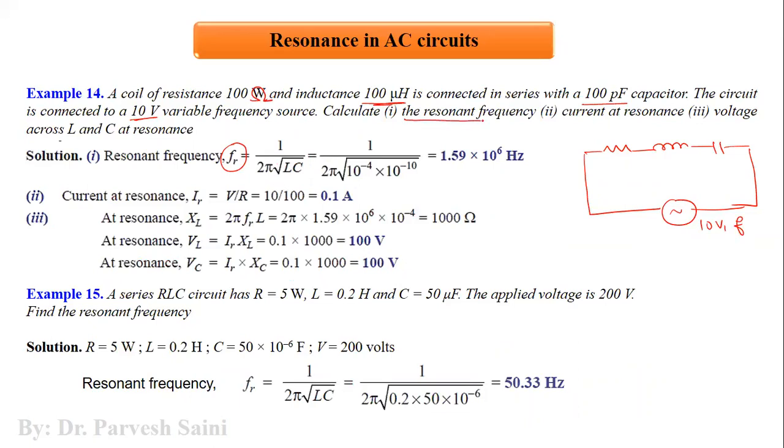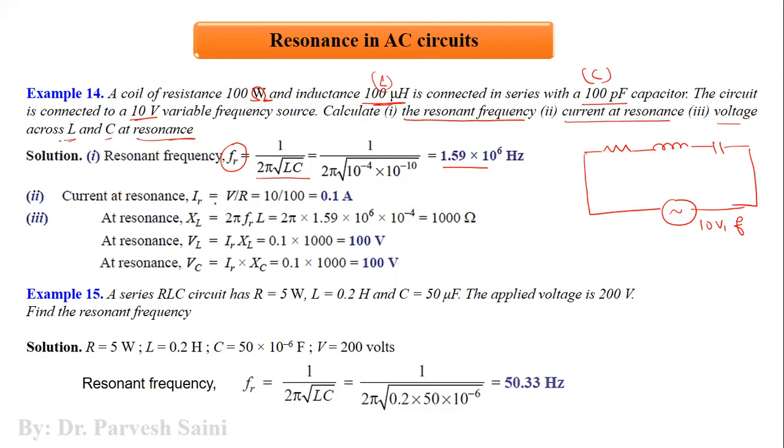Now we have to calculate the resonant frequency, current at resonance, and voltage across the inductor and capacitor at resonance. The resonant frequency is calculated by using the simple formula 1 by 2 pi under root LC. Because inductance and capacitance are given, it is quite easy to calculate the resonant frequency, which comes out to be 1.59 into 10 raised to the power 6 hertz.